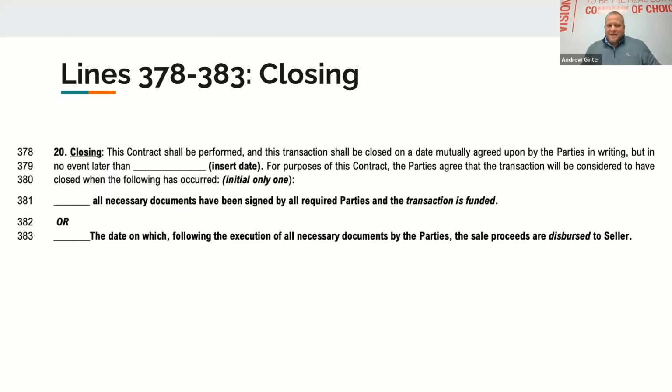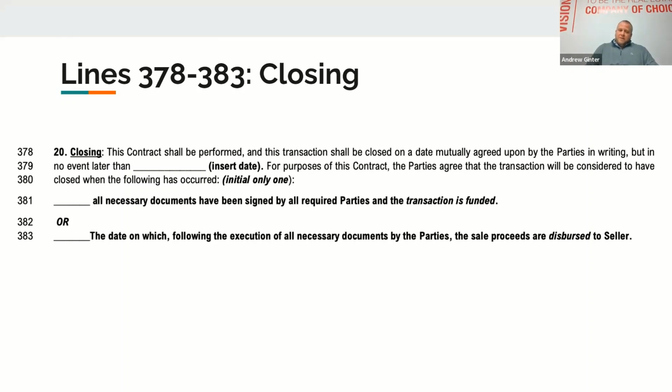Closing. There's two choices for what closing is. Obviously, you put the date on line 339, so it's buried very deep in the contract, as opposed to being right up front. But note that there's two choices there, and if you read them, you almost think to yourself, oh, those sound like they're pretty much the same choice. There's one distinguishable difference between the two.